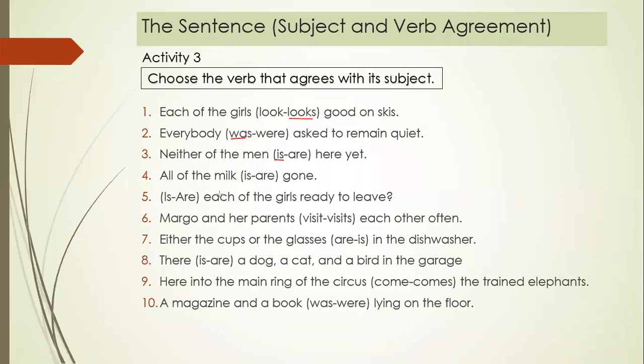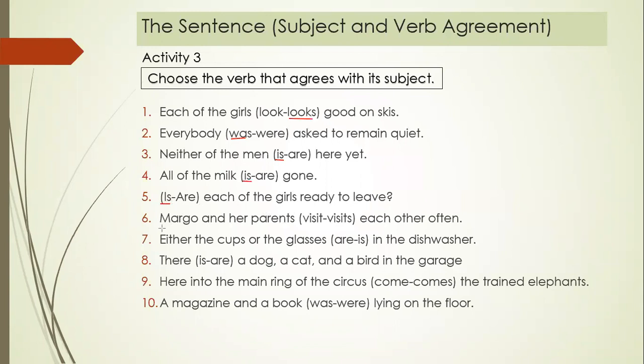Number 4, all of the milk are gone. Your answer is is. Collective noun, talking about a single group. Are each of the girls ready to leave? The answer is is, because your subject is each, expressing a singular person.